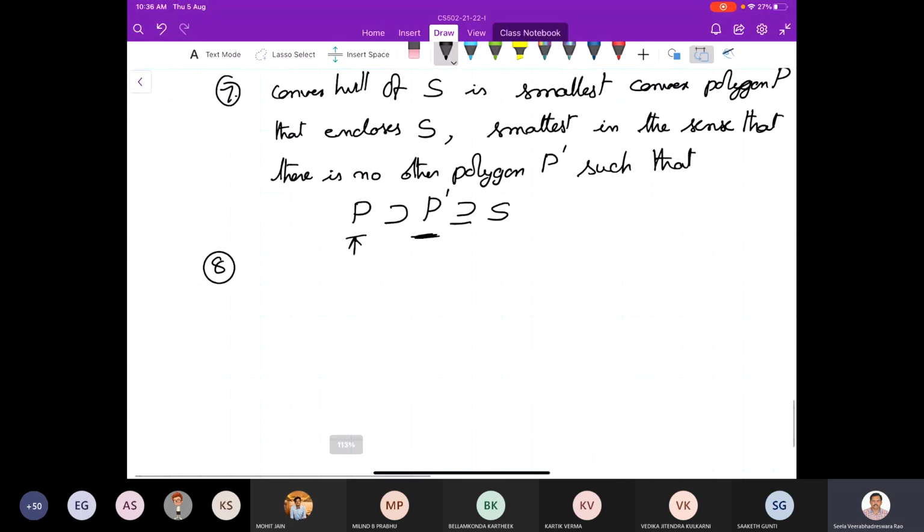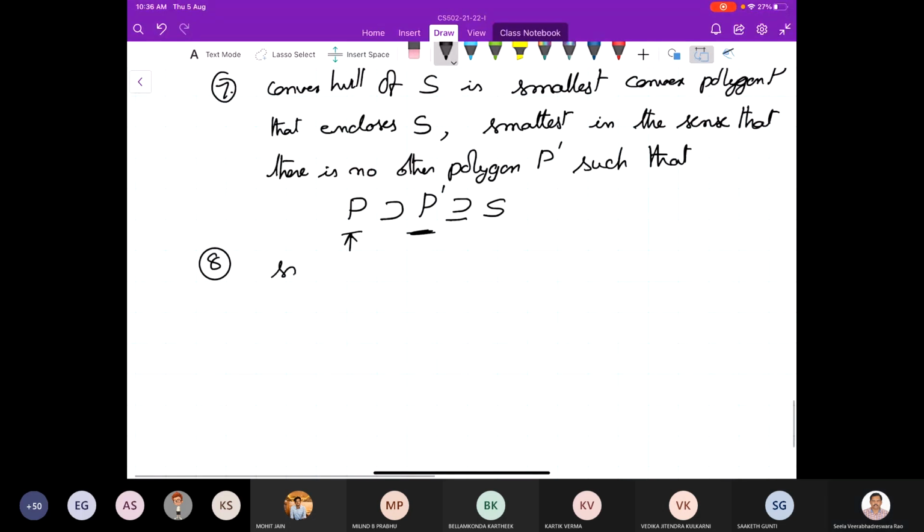Another definition is the smallest area convex polygon that encloses this point set. The smallest area convex polygon that includes this set is called a convex hull.